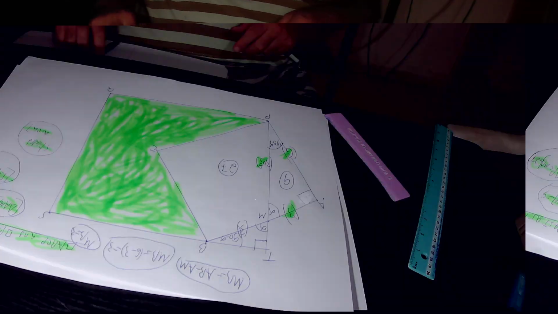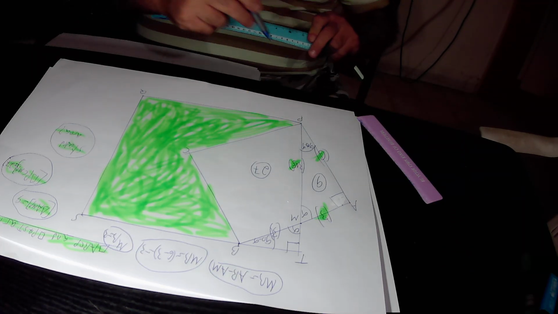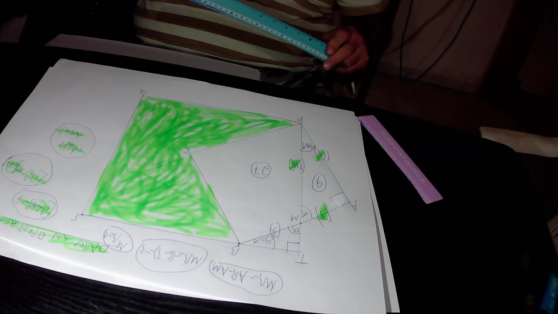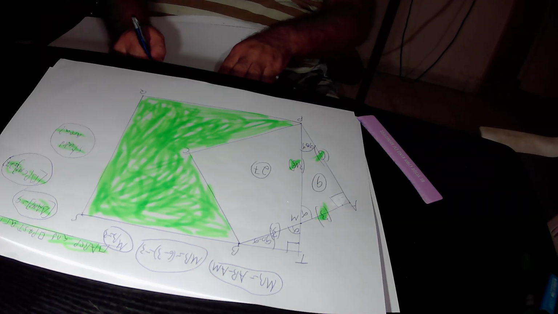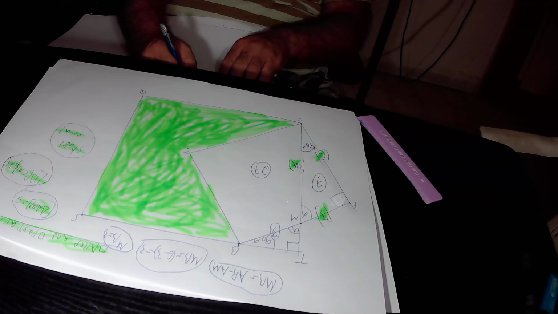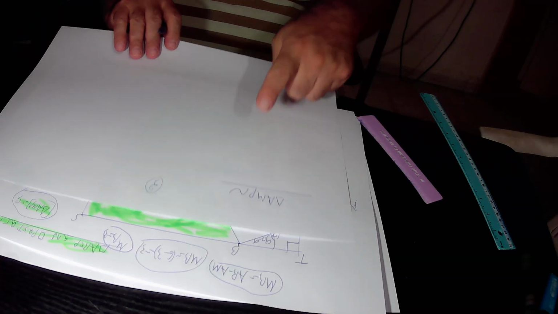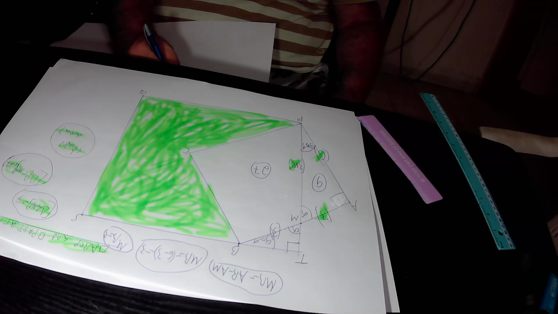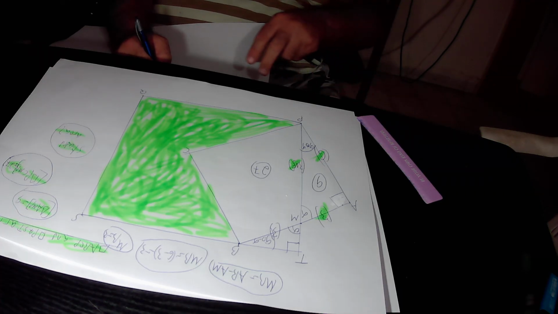So we found that the big right triangle AMP is similar, this is the sign of similar, to the small right triangle TMB according to the angle similarity rule.